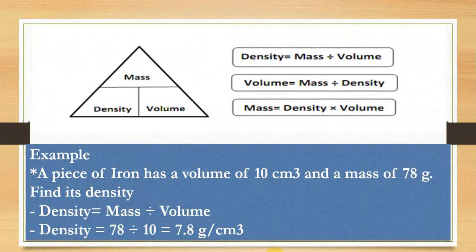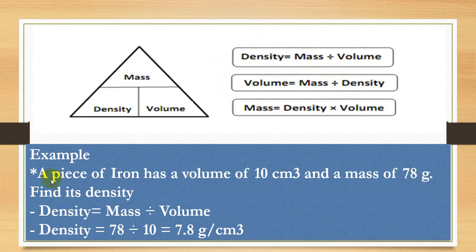The rule of density, to calculate the density by knowing mass and volume. As we see, density equals mass divided by volume, or if you need to calculate the volume, volume equals mass divided by density, mass equals density times volume.